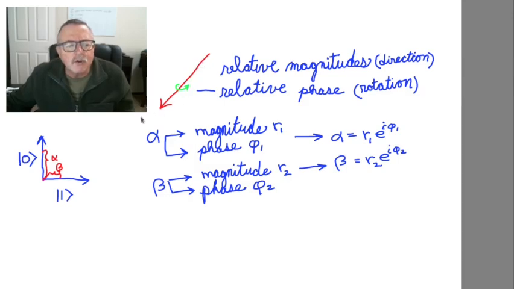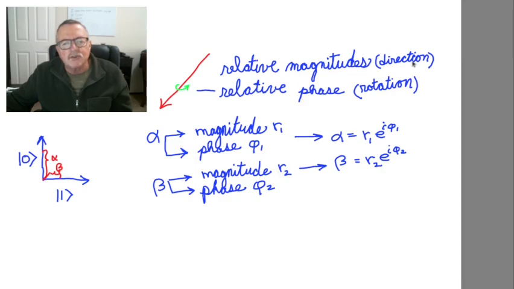Now, let's go back to this picture, which we dealt with earlier in this recording. We've got an alpha and a beta. These are complex numbers, so these complex numbers have a magnitude and a phase. So the relative magnitudes would be the ratios between the R1 and the R2.